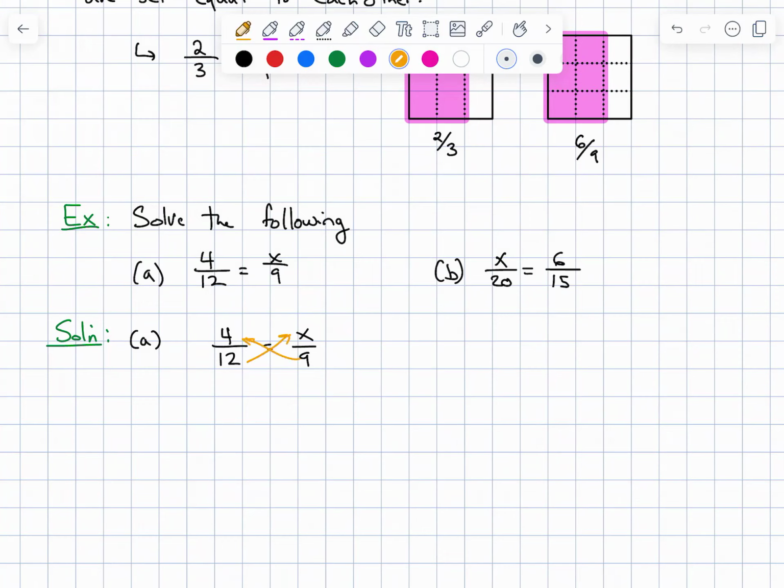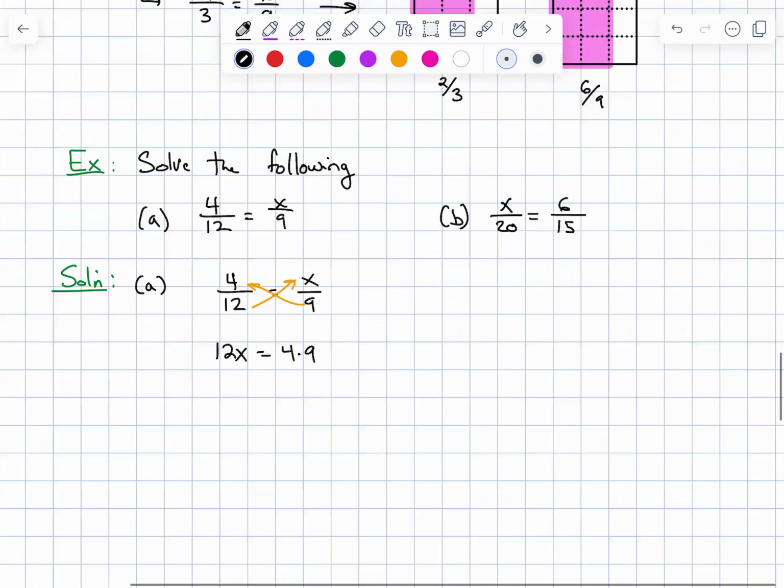So we multiply the denominator of the first fraction by the numerator of the second fraction, and then vice versa. So this becomes 12 times x. So 12x is equal to 4 times 9, which gives us 12x is equal to 36.